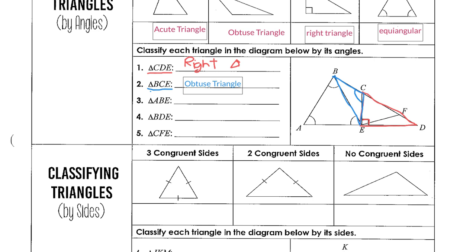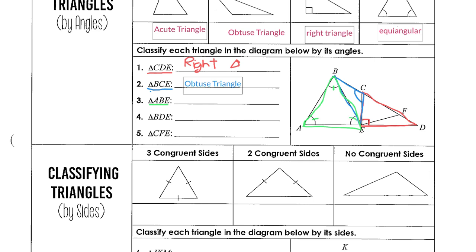And then let's go to the next one, which is ABE. I'm going to do that in green. So here's A. There's point A. It says go to B. Here's B, and E. So it must be talking about this triangle here. Now, if we look, these symbols right here mean that this is all congruent.